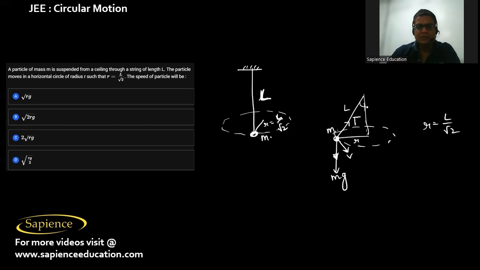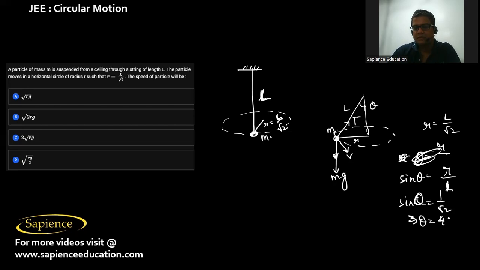So if this is angle theta, then theta is actually equal to 45 degrees, since sine theta is equal to r by L, which is 1 by root 2. So sine theta is 1 by root 2, so theta will be equal to 45 degree. So this angle is 45 degree. If this is theta, this will also be theta. So this will be T cos theta and this will be T sine theta.